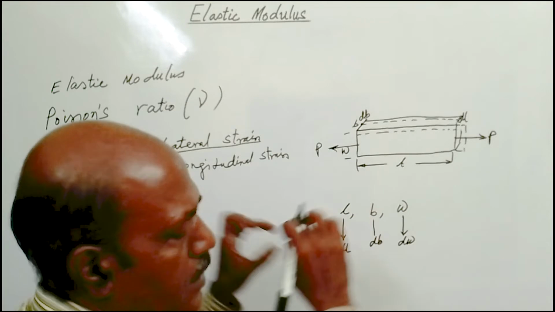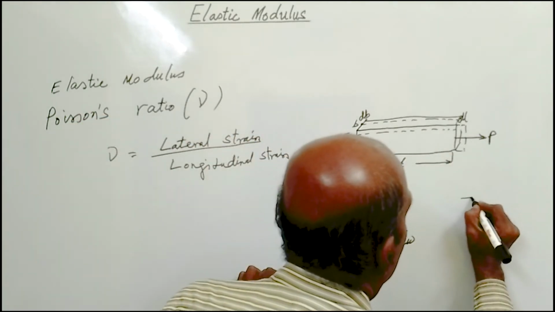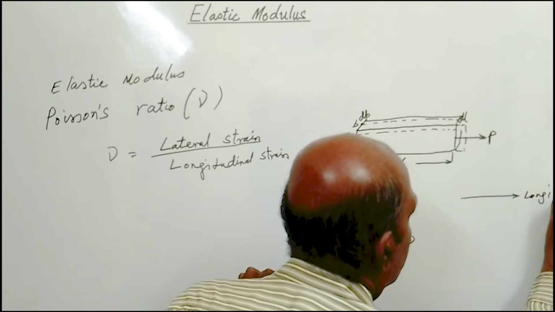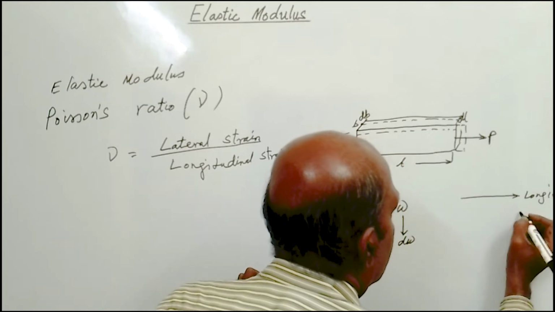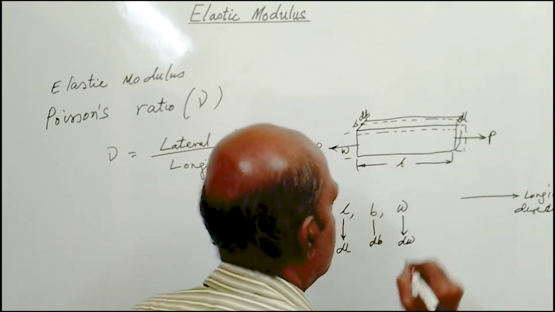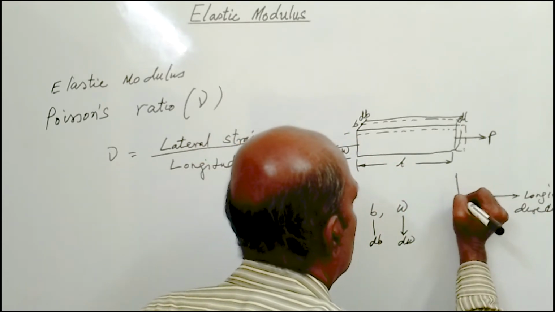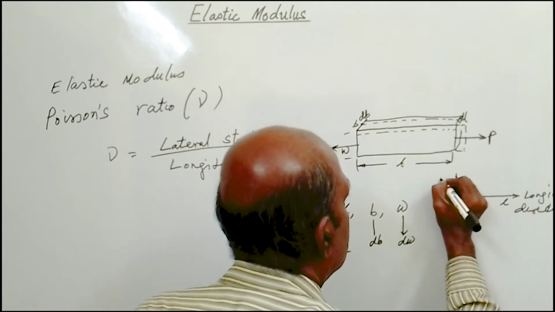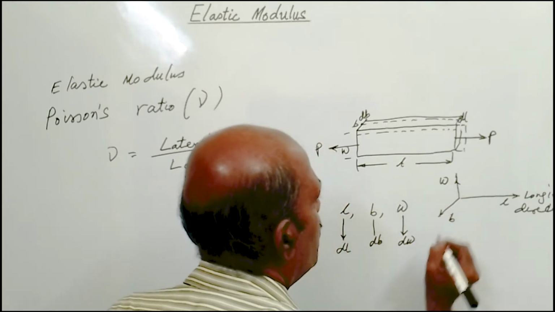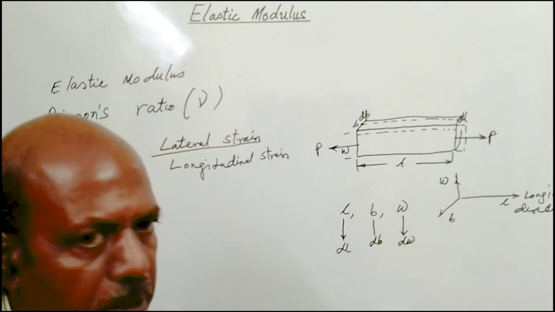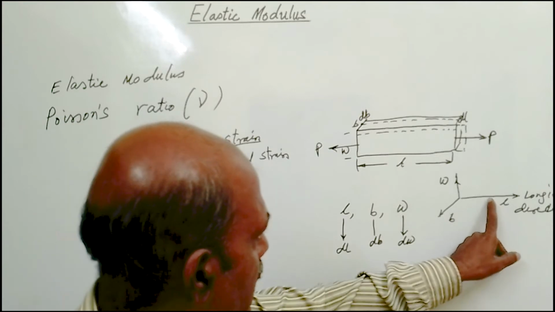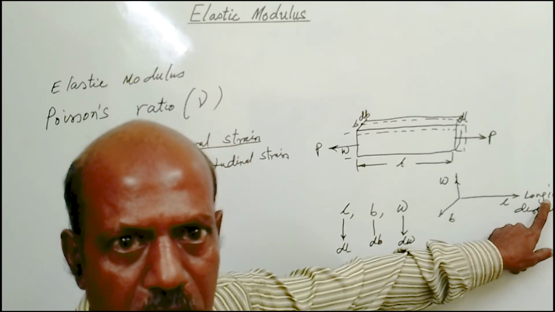The direction along the direction of the load is called the longitudinal direction. The other two directions are along W and B. So whenever a load P is acting along length L, L will increase and it will produce longitudinal strain in this direction.